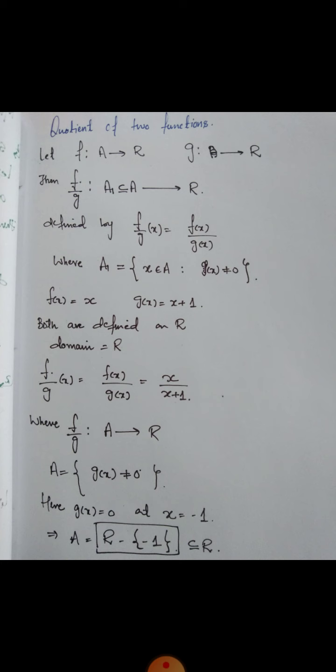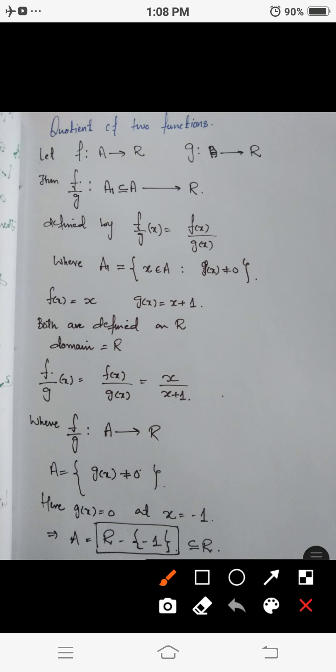This function is defined from A1 to R as (f/g)(x) = f(x) upon g(x), where A1 is that subset of A where g(x) is not equal to 0. So we have to remove those points from the given domain where the second function, the denominator function, becomes 0. The rest becomes the domain of this quotient function.